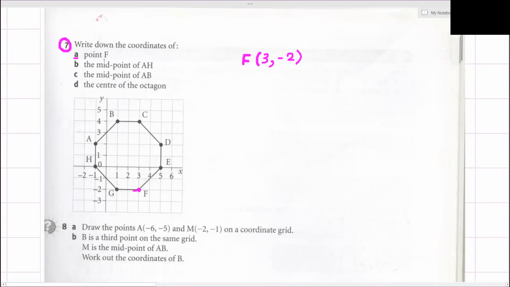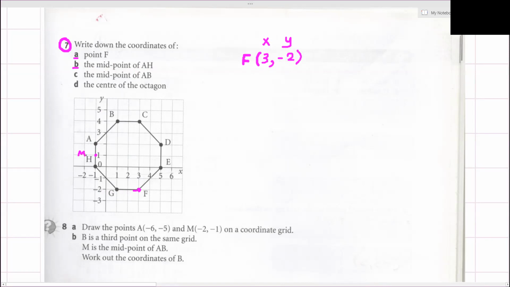So the coordinates of point F, we said we start with x coordinate, then y. The first one is x equals 3 and y equals -2. The second, the midpoint of AH. Where is AH? AH, this one. Where's the midpoint? This one.